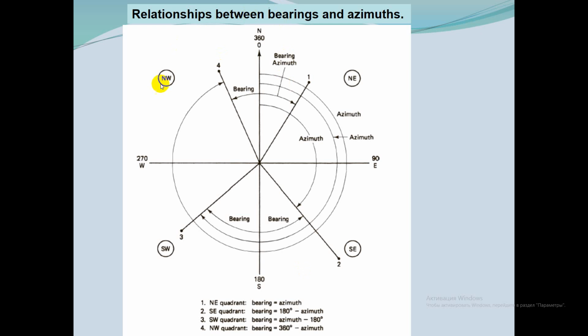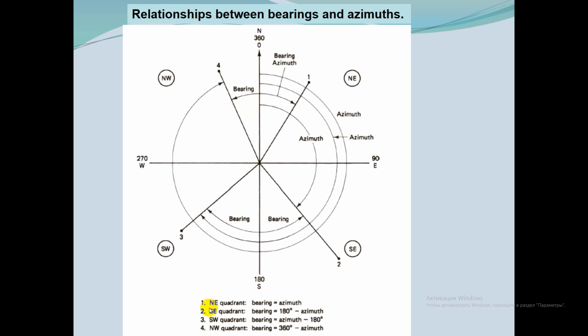Here you can see an illustration of the relationships between bearing and azimuth. The figure illustrates and defines the relationship.